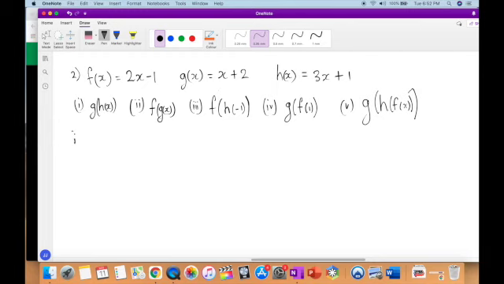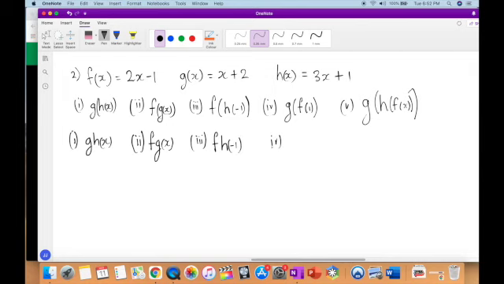And remember, this is the same as asking for the g of the h of x. Number 2 is the same as asking for the f of the g of x. So they wouldn't give you with the brackets, yeah? I just put the brackets here for you guys to kind of understand what it means. This here is the f of the h of -1.